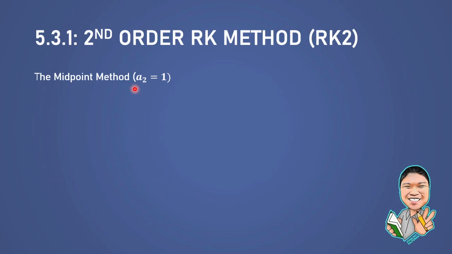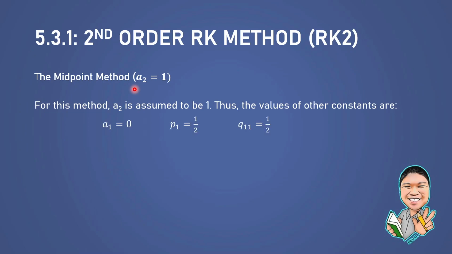For the midpoint method, he assumed that a sub 2 is equal to 1. Therefore, our other constants are: a sub 1 is equal to 0, p sub 1 is equal to 1/2, and q sub 1 is equal to 1/2.